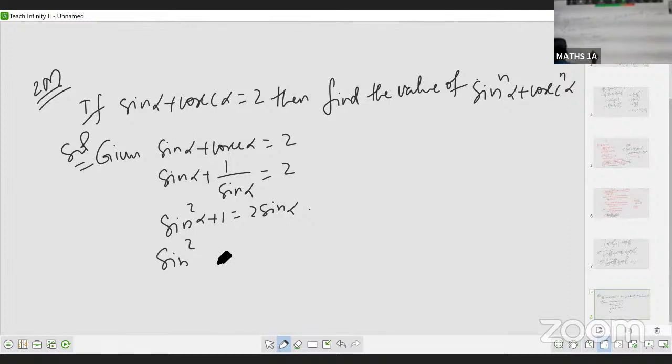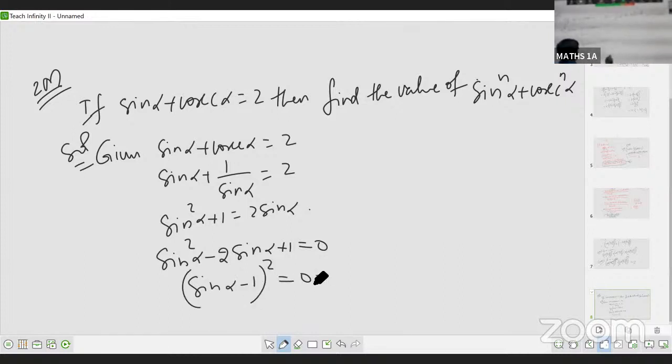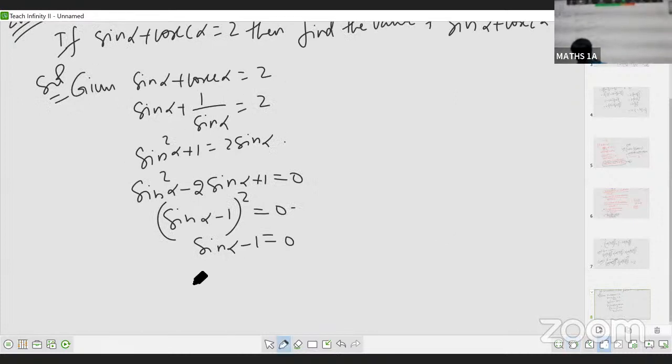Means sine square alpha minus 2 sine alpha plus 1 equal to 0. That is sine alpha minus 1 whole square equal to 0. Then sine alpha minus 1 is 0, correct? Sine alpha minus 1 is 0 means sine alpha will be equal to 1. Is it clear?